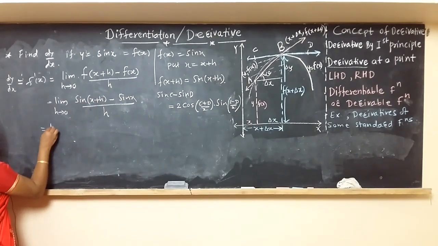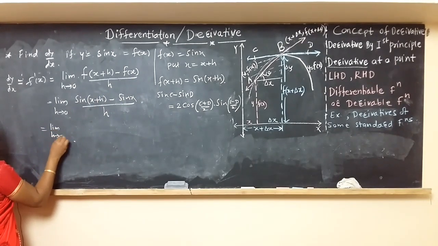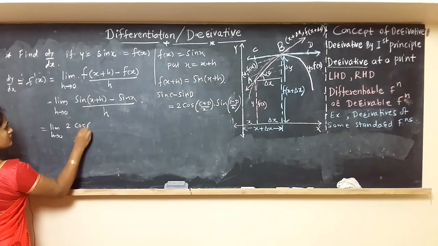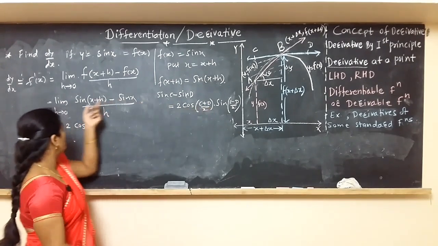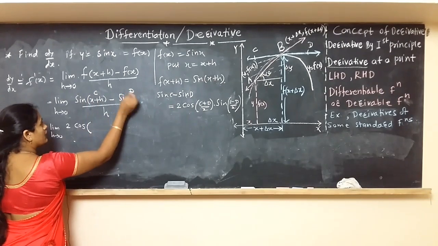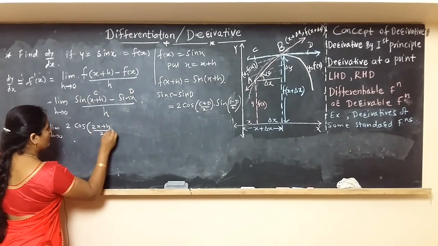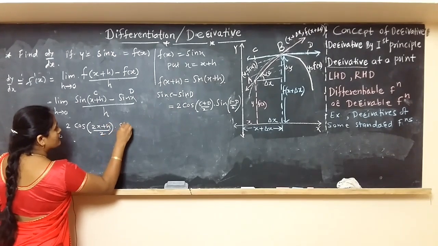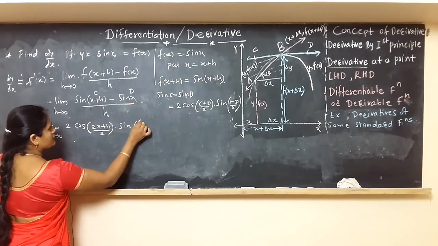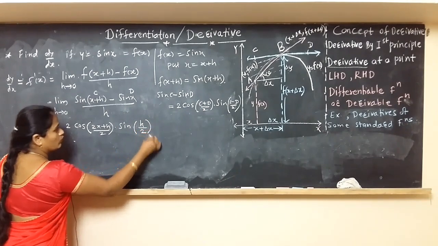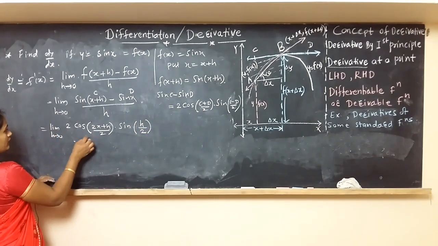So using this formula here, limit h tends to 0, 2 times cos, just add c and d angles, x plus x, it is 2x plus h upon 2, into sine of x plus h minus x, it is h by 2 only. Okay.